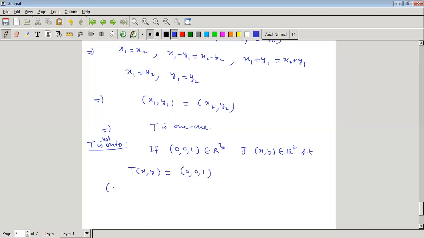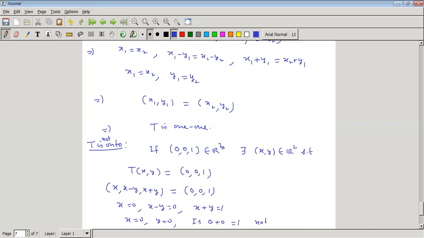But what is T of x, y? It is x comma x minus y comma x plus y. That is equal to 0, 0, 1. So we get x equal to 0, x minus y equal to 0, x plus y equal to 1. Here x equals 0, so y equals 0. Does it satisfy the third equation? Is 0 plus 0 equal to 1?